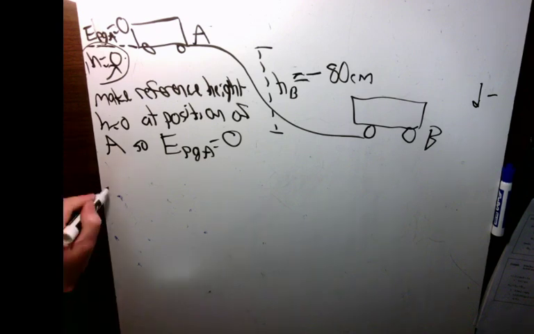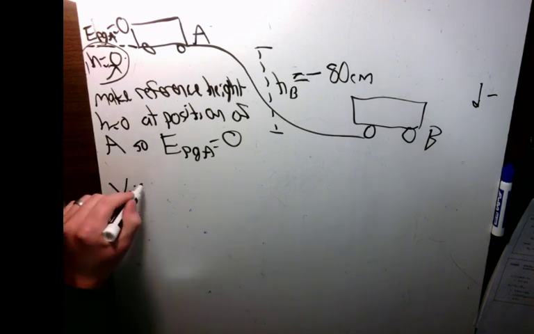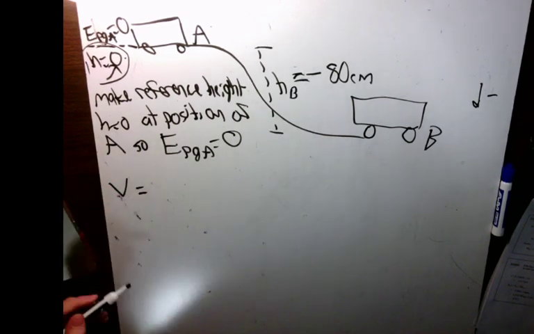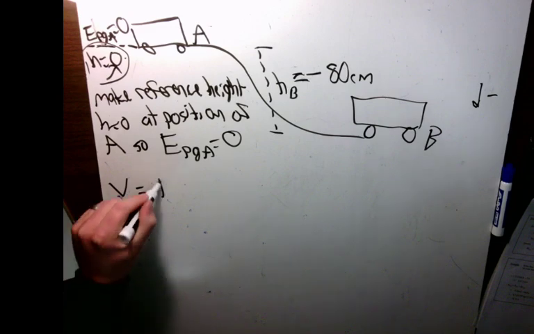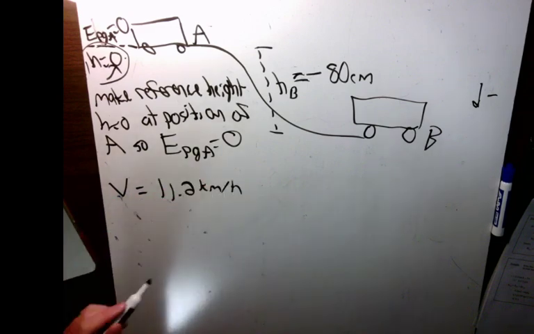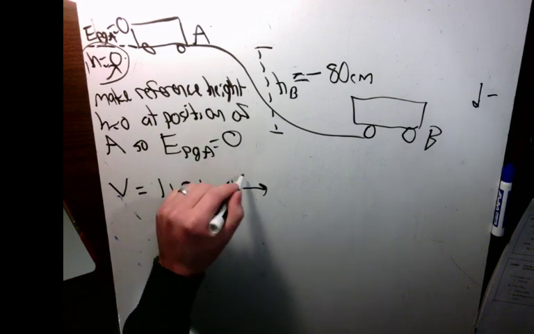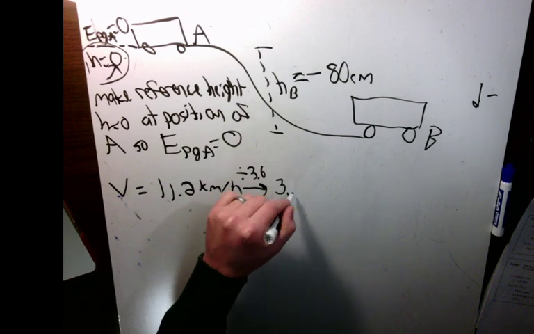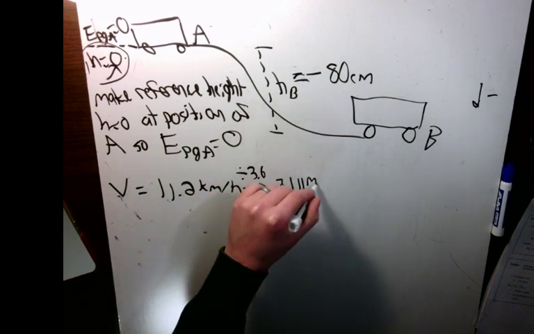Our VI, or actually it's a constant velocity, so our speed is 11.2 kilometers per hour given in the question. We're going to convert that to meters per second by dividing by 3.6, and we get 3.11 meters per second.